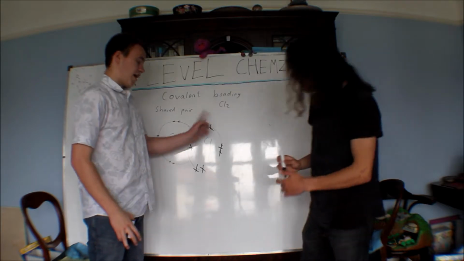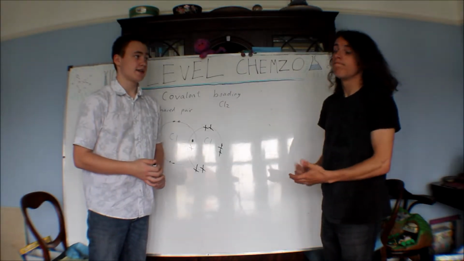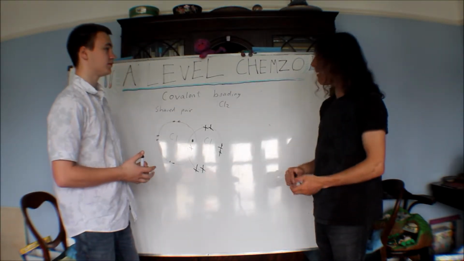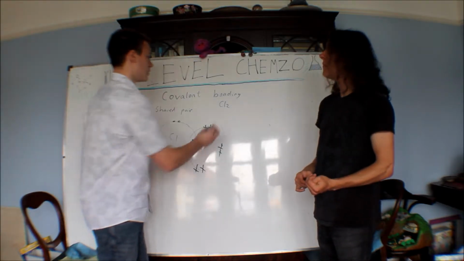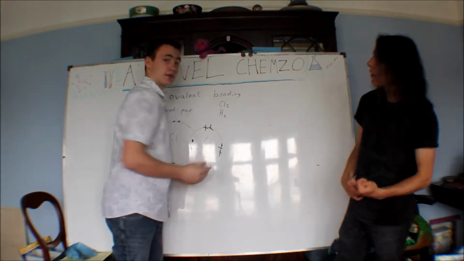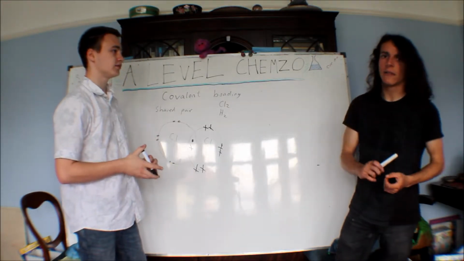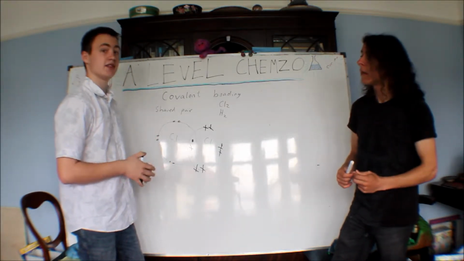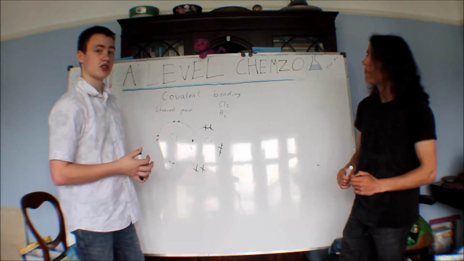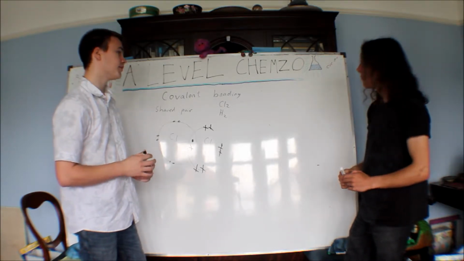So overall, they all have the 8 in their octet. They all fill out their octet, which is what things want. Same with hydrogen, I'm not going to draw it again, except that there's only 2 electrons in the outer shell. But it fills the outer shell because it can only fit 2. And it's as simple as that. Oxygen, all of that work the same way.